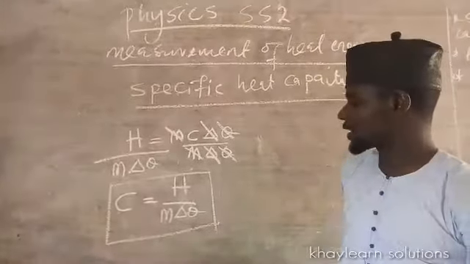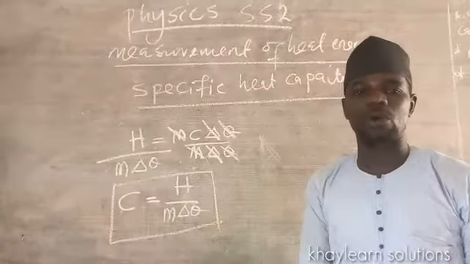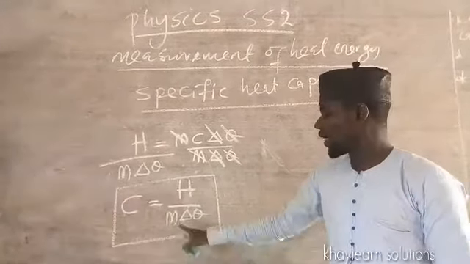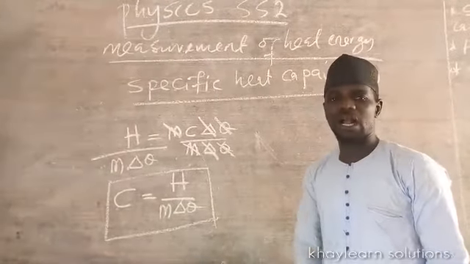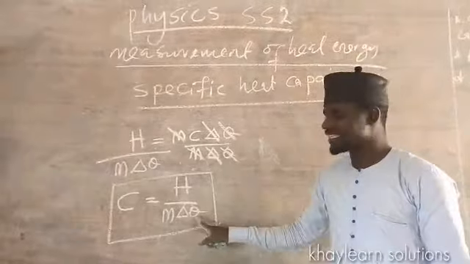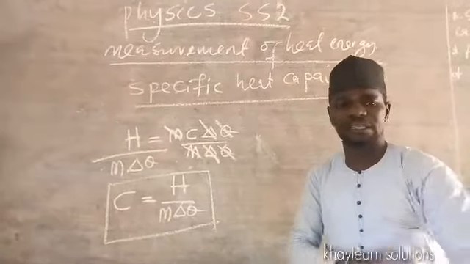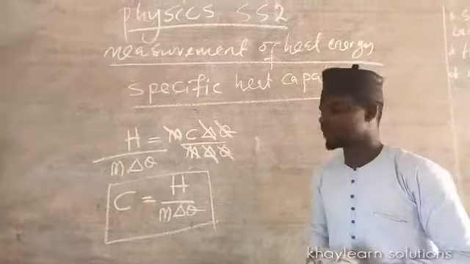C stands for specific heat capacity, H stands for the amount of heat required in joules, while m stands for the mass of the substance, which is 1 kilogram, and delta theta means the change or the rise in temperature of the substance, which is normally 1 Kelvin.